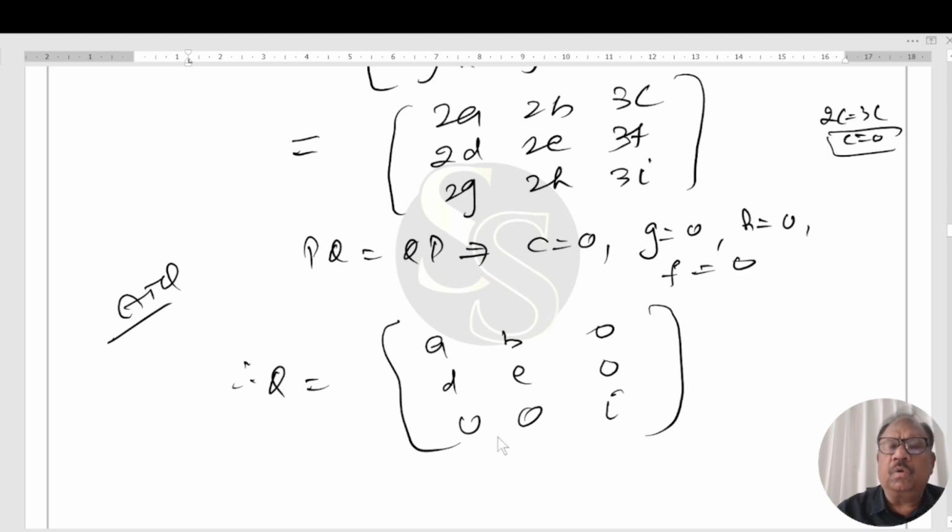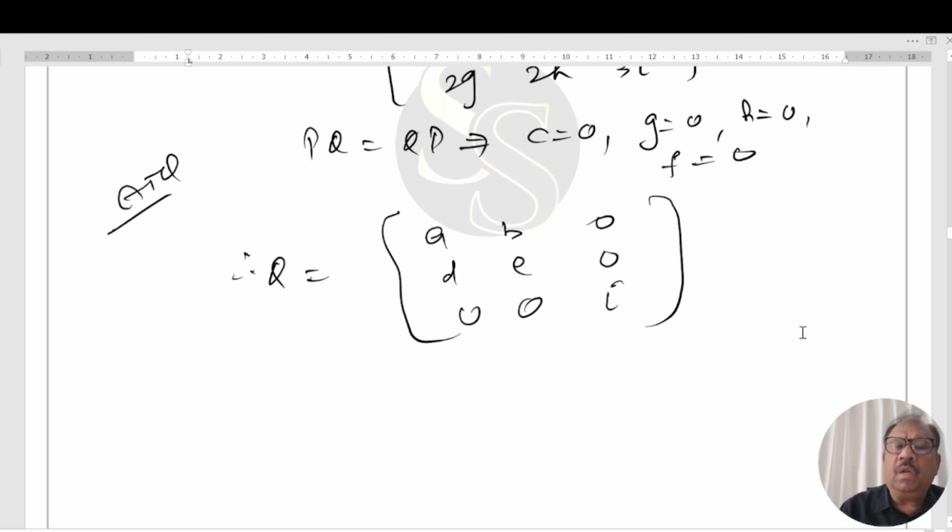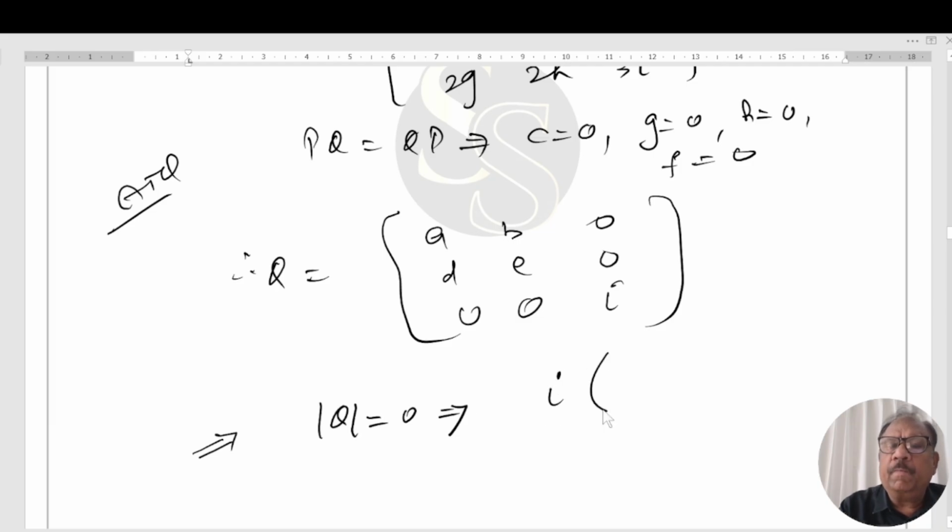Now Q matrix is known, P is known. Now we'll apply the conditions to find the number of matrices. Determinant of Q should not be equal to 0. Expanding, that is I times (AE minus DB) should not be equal to 0.